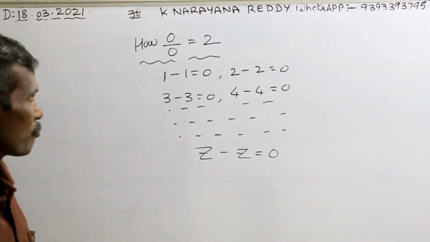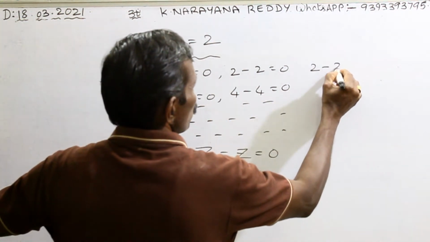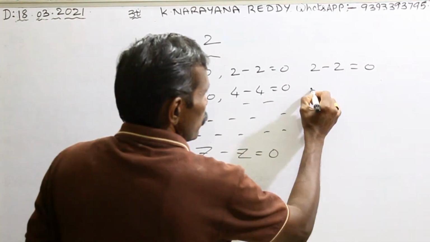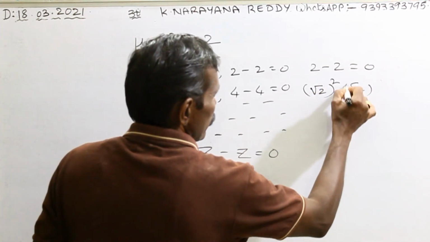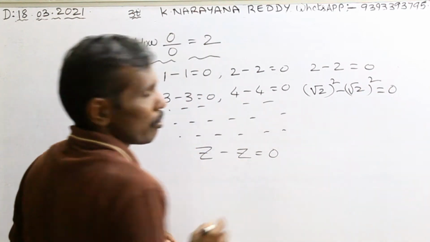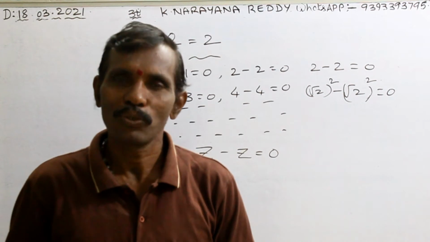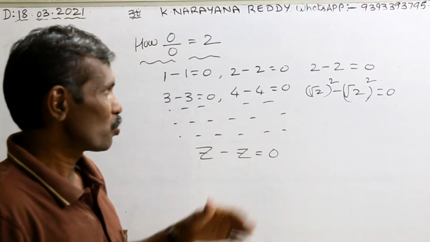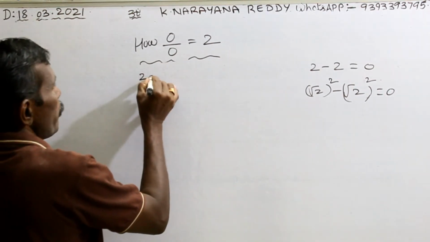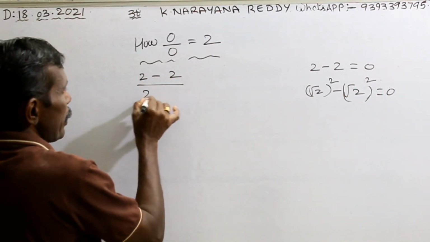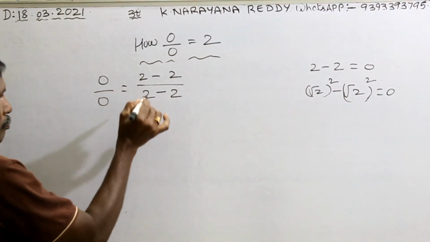Simple logic. For example, take 2 minus 2 equals 0. Root 2 square minus root 2 square equals 0. Why? Because 2 is nothing but root 2 square. You know that, square root of this. Yes or not? Now, 2 minus 2 by 2 minus 2, that is 0 by 0.